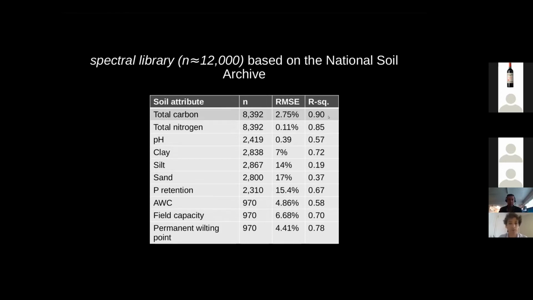For carbon, for example, we get an R squared of 0.9, and sometimes they don't. For other properties, they may not work very well at all. For example, silt is always something that's challenging to predict, for many reasons, with spectroscopy. So depending on the attribute you're interested in, you might be able to do a very good job with spectroscopy, or sometimes maybe it's not the best tool.